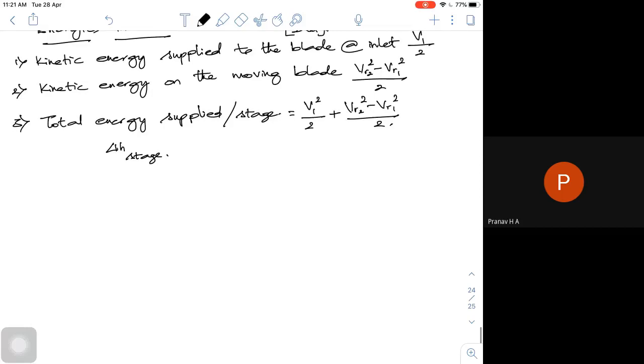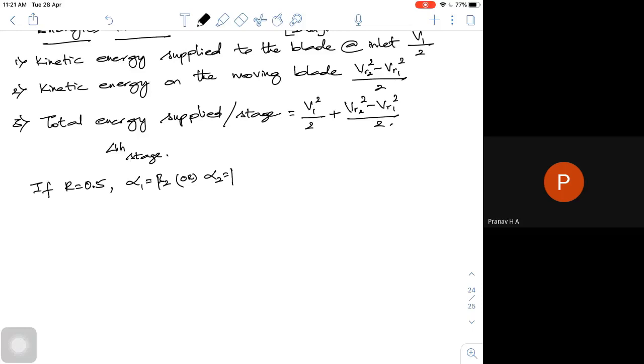Suppose for this particular condition, R is equal to 0.5. I am writing a general expression, then I am deducing it for R equal to 0.5. If R is equal to 0.5, already we have seen either alpha 1 is equal to beta 2 or alpha 2 is equal to beta 1.